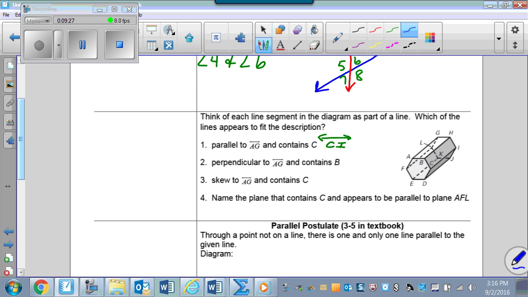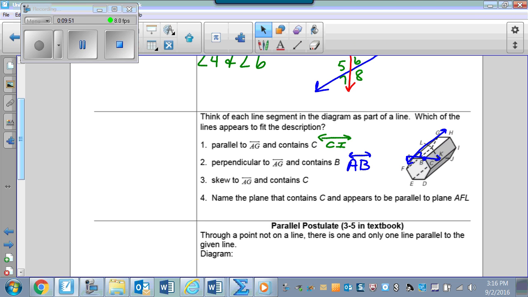Oh, that's the one we just had. So here's AG again. But this time we want a line that's perpendicular and contains point B. Here's point B. So what line is going to be perpendicular to that? Well, it's going to be line AB, isn't it? Because there's our right angle. So that would be line AB.